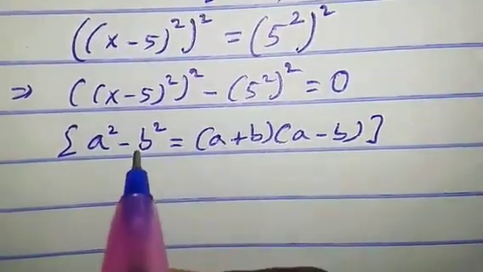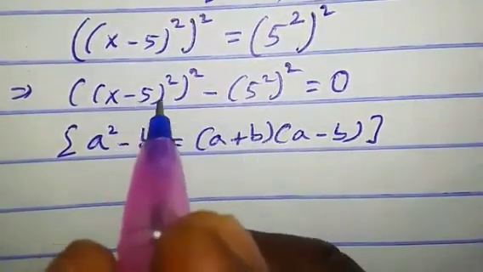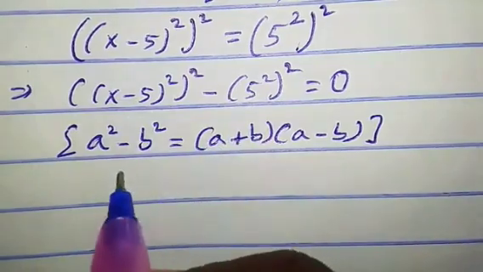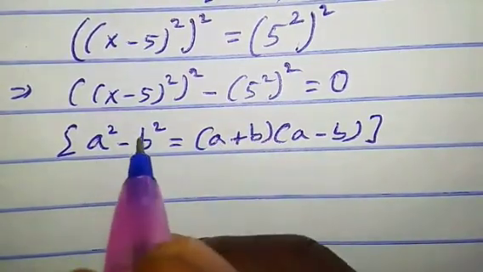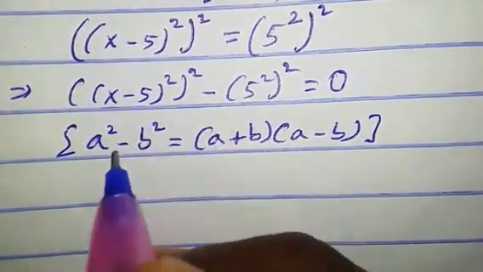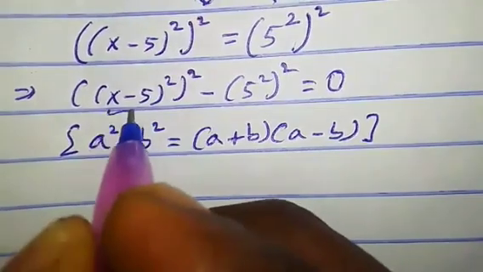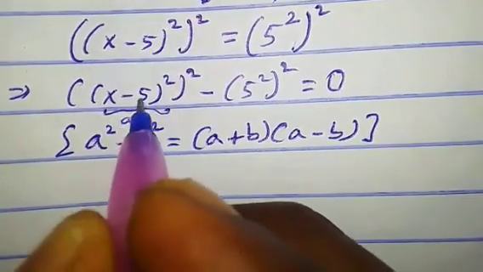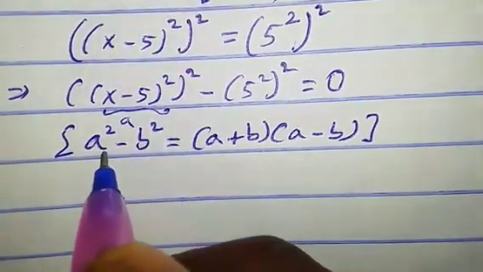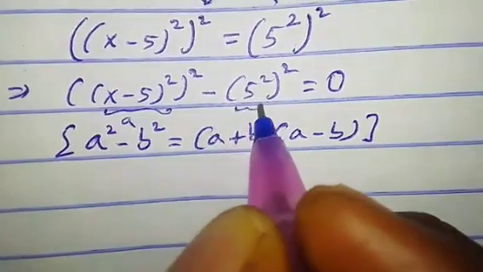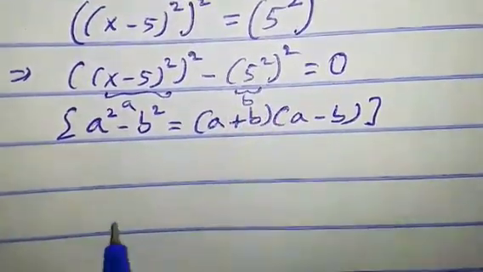Now, let's apply this identity to this guy. You will see that by comparing this left hand side with this, our a is (x − 5)^2 and our b is 5^2.